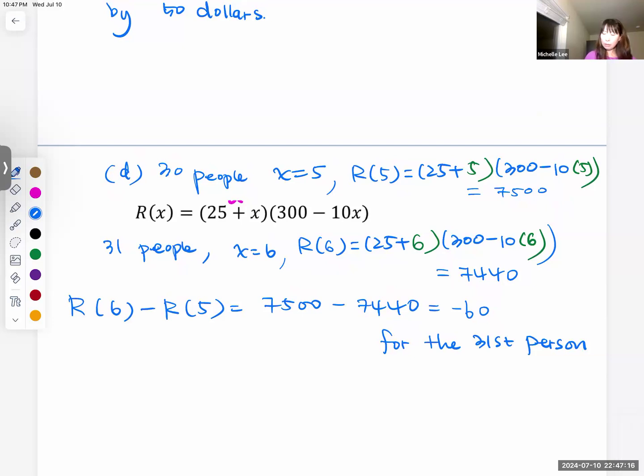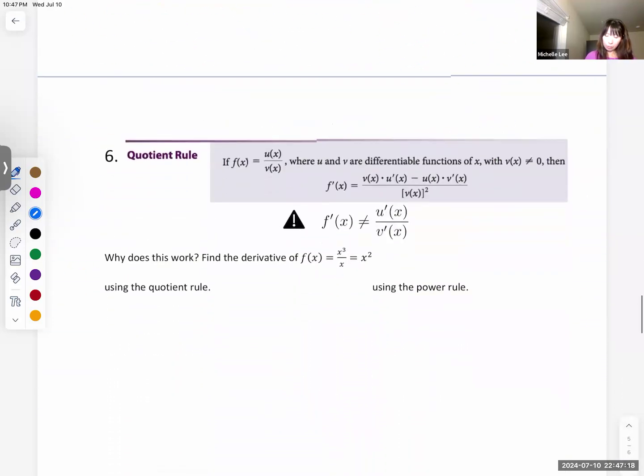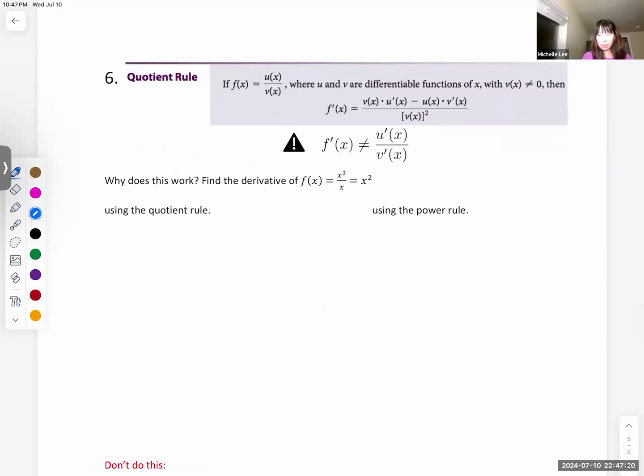Okay, now we have the quotient rule. So we have a quotient, then how do you write? Let me write down here.